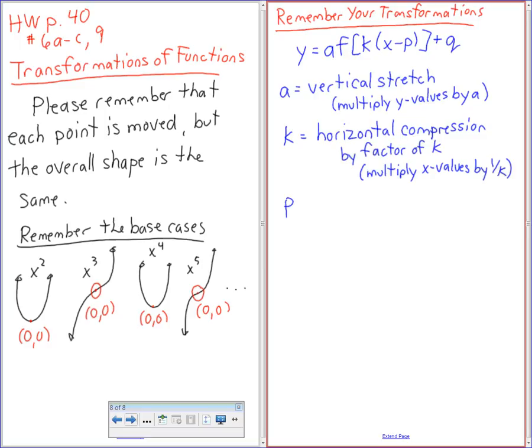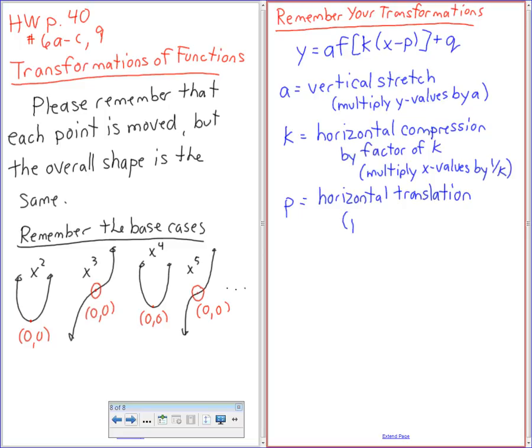p is going to be what? Recall what the p means inside the bracket there. Is p and q not for a parabola? Yes, it is for parabola. Yeah, horizontal. Sorry, I hate putting you guys on the spot for this, because this is just memory, that's all this is, so don't worry about it. Horizontal translation.